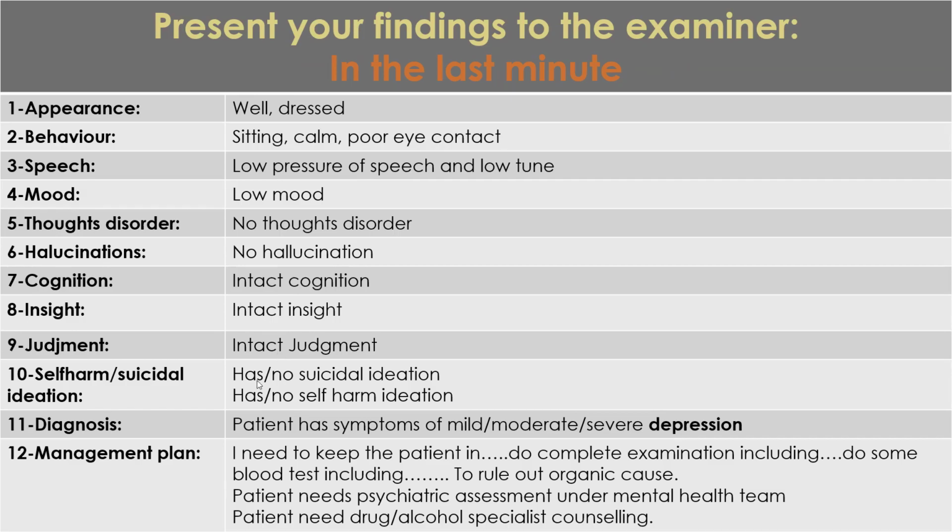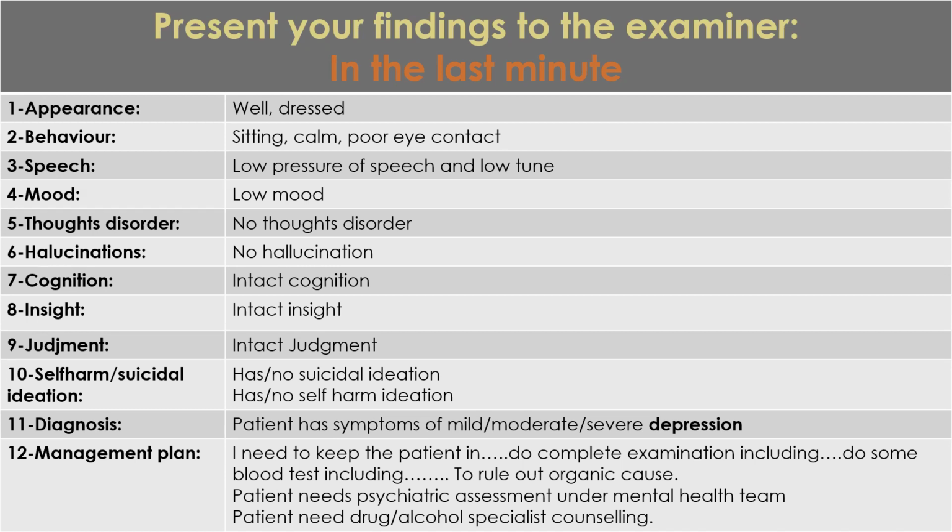He has no suicidal ideation, no self-harm ideation. Patient has symptoms of mild depression. It could be because of termination and or separation. Did you mention that? No. So if you have a clear cause for the depression, mention it, right? Yes.